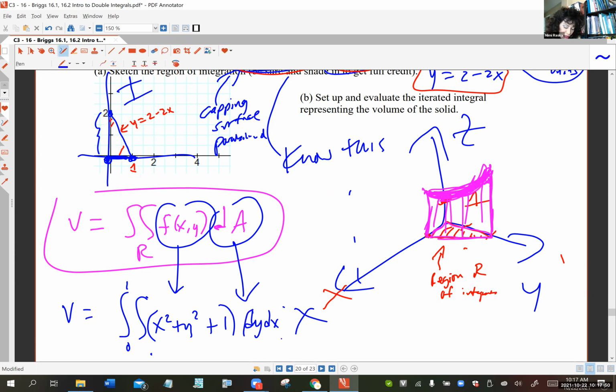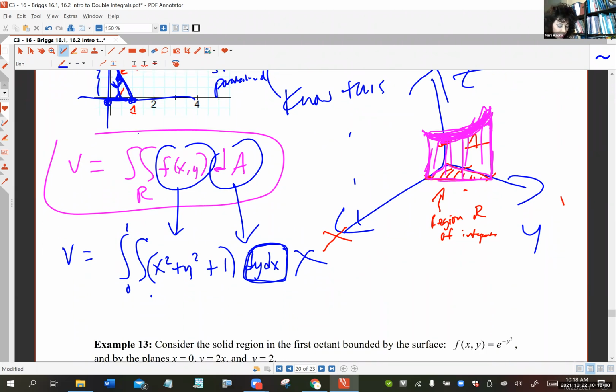So since we chose the vertically simple choice for the order of integration, we're going to draw a vertical little man inside of our region here. There he is. And his head is touching the upper limit for y, which has the equation y equals 2 minus 2x. So we'll put that down.